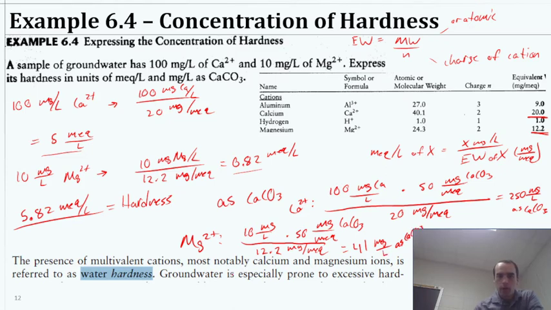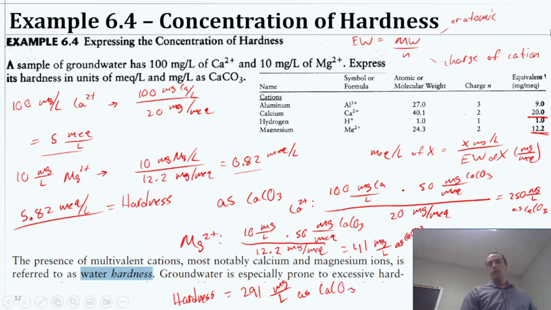So then the hardness, an alternate way of saying that would be that's 41 plus the 250, so 291 milligrams per liter as CaCO3. Okay, so two ways to express it.